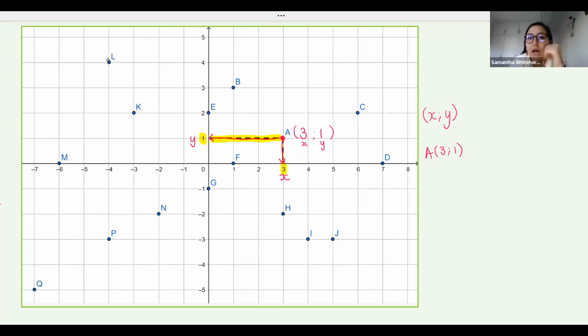Now, this is obviously helpful to us because I don't have to give you a diagram like this. I could just tell you A is at 3, 1. You would then need to be able to plot the point on the Cartesian plane. So it's very important that we can read coordinates off like we're doing now, but it is also important that we can plot coordinates, and we are going to practice that now.